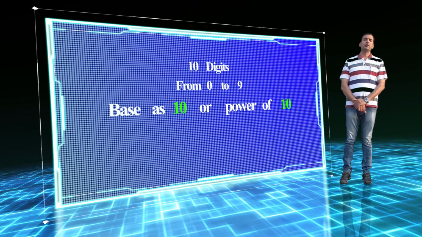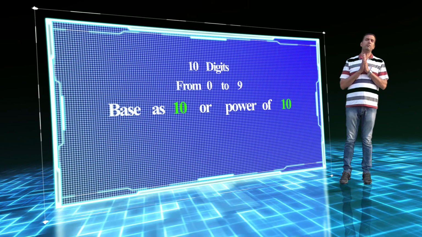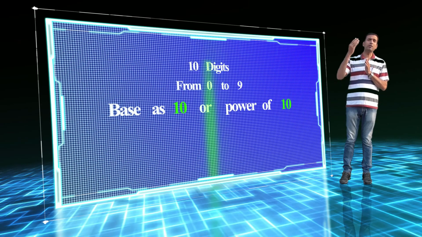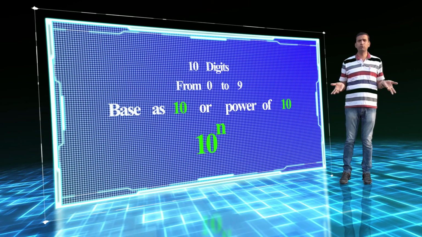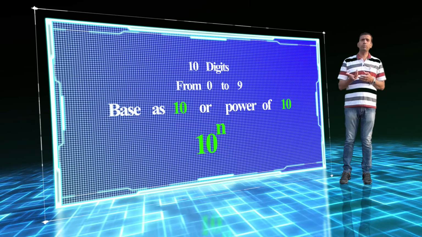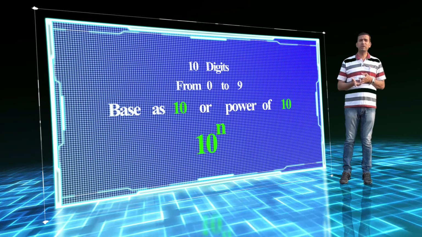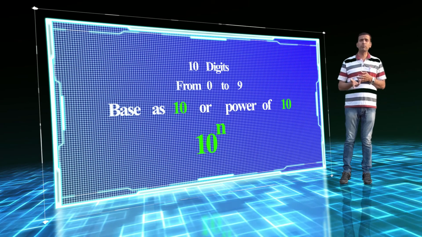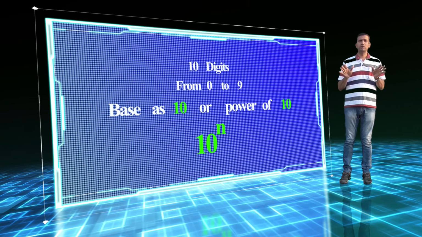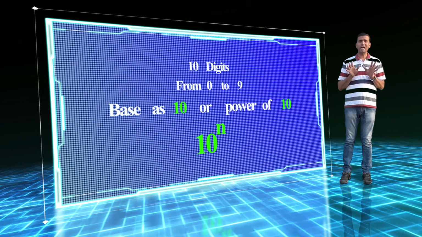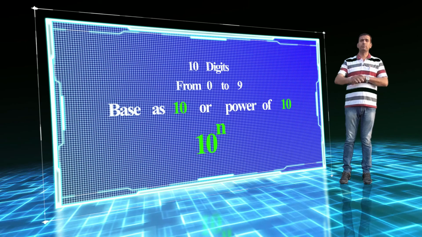Now if you take the base 10, you can take the power of 10 also, 10 to the power n. That may be 10 to the power 110, or 10 to the power 200, or 10 to the power 3000, or 10 to the power 410,000, and so on. Every time you should take the base as 10 to the power n.